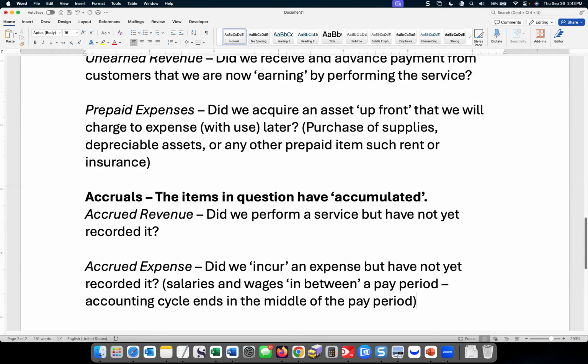We even just saw an example of that in the notes from last class. Here's another example: interest accumulated. There's another accrued item. As time goes by, interest accumulates or accrues.